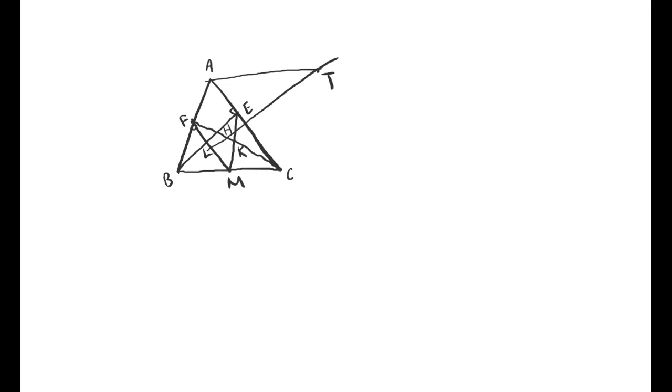Okay, so the first step is labeling the orthocenter H. The reason this is useful is because we can see that AFHE is cyclic, since AFH and AEH are both 90 degrees.